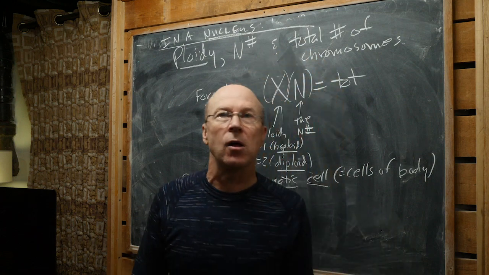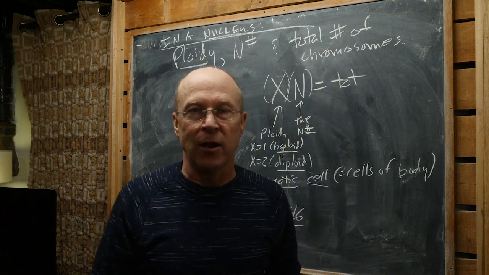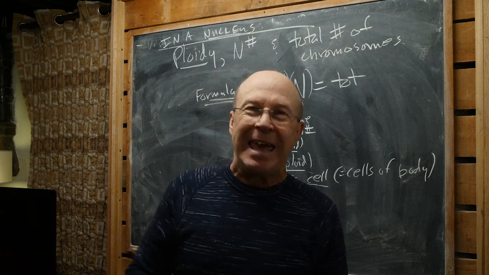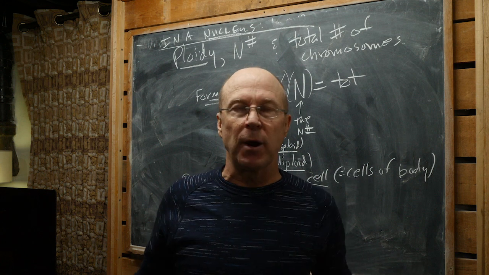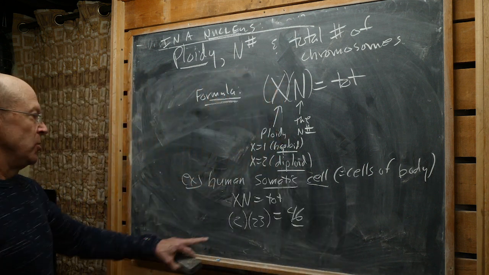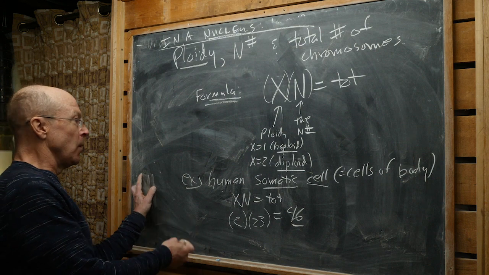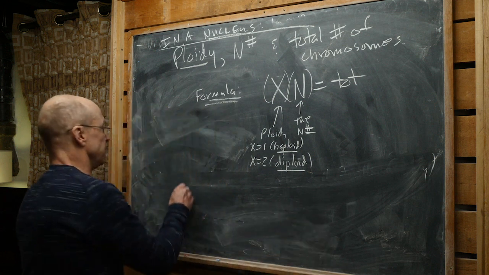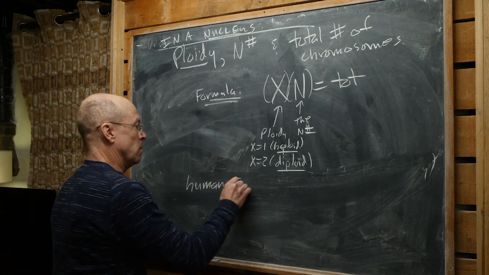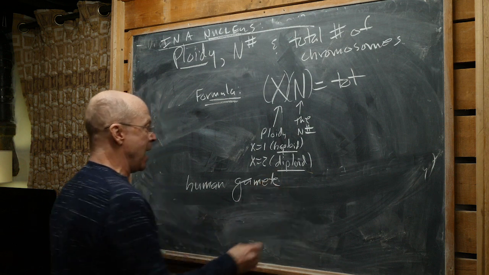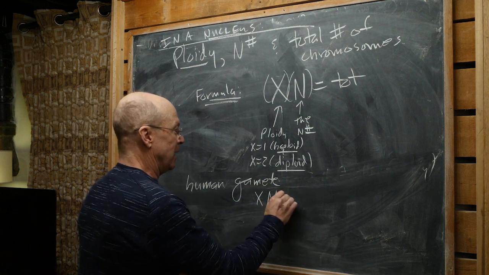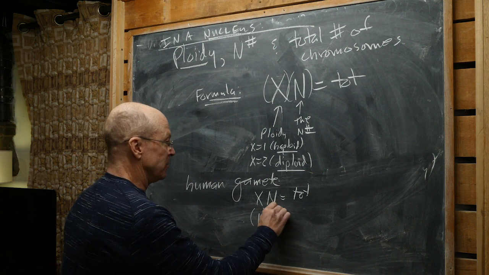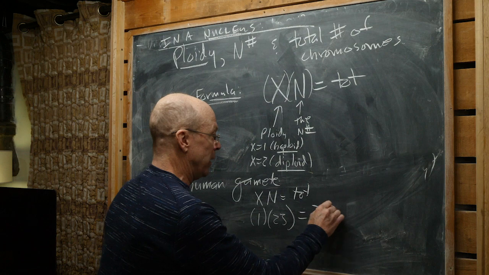So in your cells, in the nuclei in your cells, you have 46 chromosomes, with the exception of gametes that are produced by a very special process called meiosis. So that's human somatic cell. Let's erase this bottom here and do a human gamete. Human gamete would be xn equals total, and in this case it's haploid, so it would be 1 times 23 equals 23.